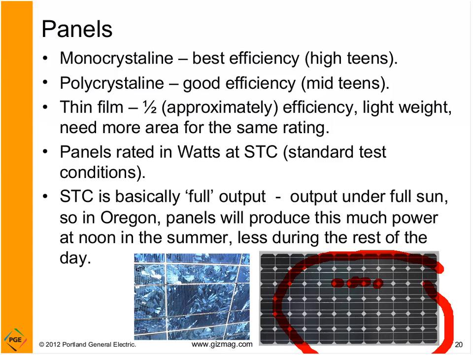This is an example of polycrystalline panels. The reason they call them polycrystalline is that each little wafer is made up of lots of different crystal orientations. That makes it look very different than the monocrystalline. I would liken the look of this to an ice cube. When you look at an ice cube, you can see all kinds of different lines and striations in the cube.